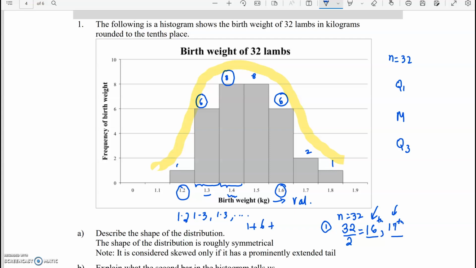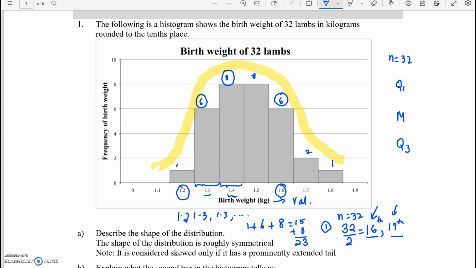Now let's add 8, because in the next bar there are 8 lambs of birth weight 1.4 kilograms. So 8 plus 6 is 14 plus 1, 15. The first 15 numbers are either 1.2, 1.3 or 1.4 kilograms. We add 8 to this, and that gives us 23.